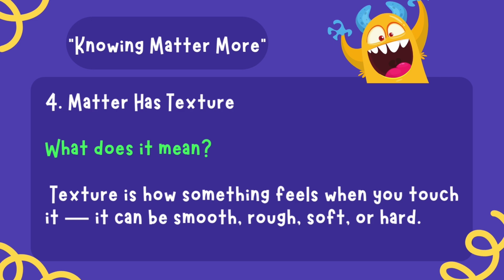So nararamdaman talaga nila. So that's what texture is. Okay? So something that feels when you touch a certain thing, for example, that book. Pag tinouch mo, for example, yung tail ng horse. Okay, so minsan feathery, may texture talaga yung book. That's why it's really good. It's a really good book, especially for growing up kids or for toddlers.